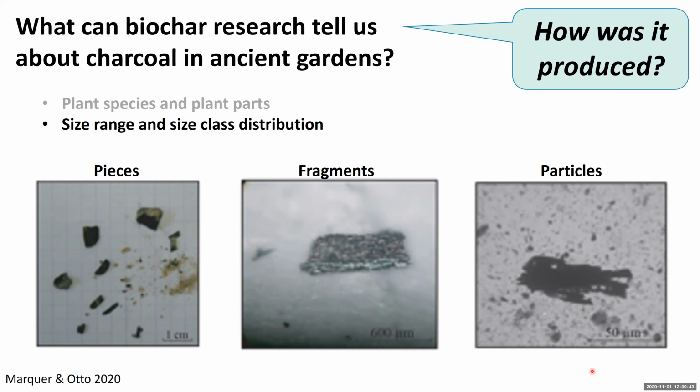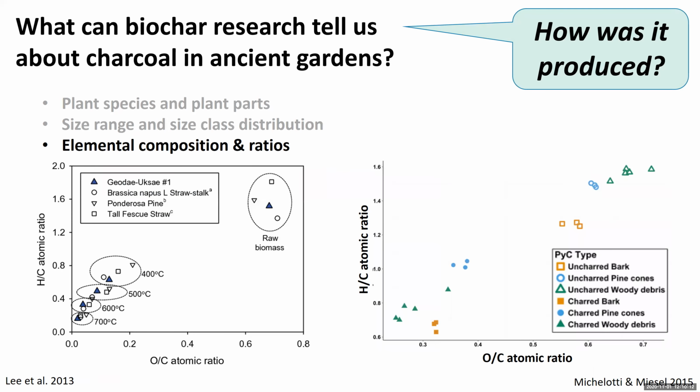So we know that charring makes wood more friable, which is more easily broken up into smaller pieces, and that the more extensively charred the wood is, the more friable it is compared to less extensively charred wood. We also know that wood charcoal tends to break up into little chunks, but grass charcoal tends to be present more as flakes. Again, this physical structure of the char represents the physical structure of the original type of biomass.